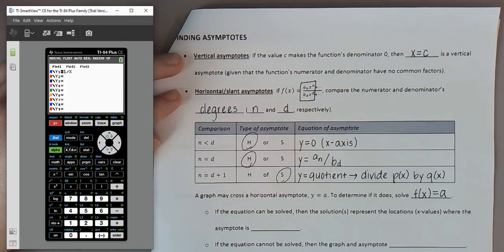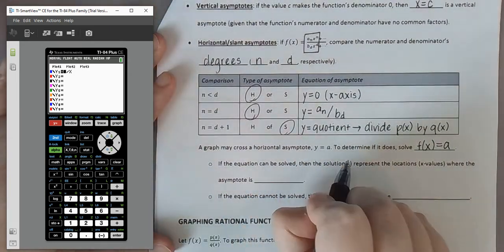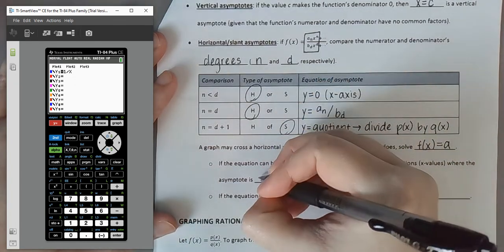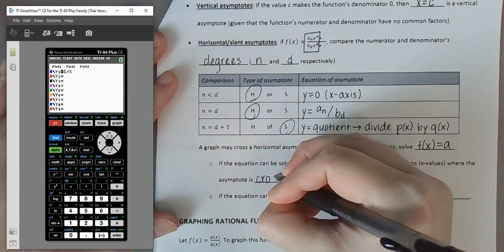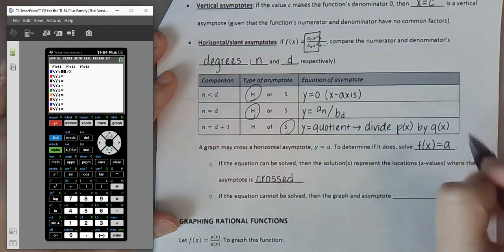So we run into one of two situations. Either this equation that we generate can be solved. It does have a solution. If it can be solved, then the solution represents the location, or the x values, where the asymptote is crossed. So we're solving for x in this equation that we generate.